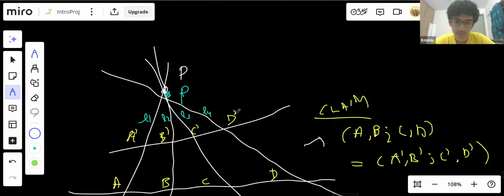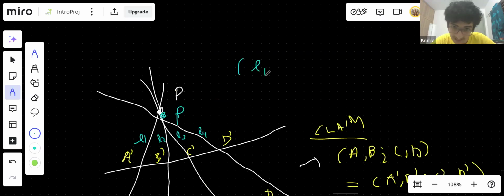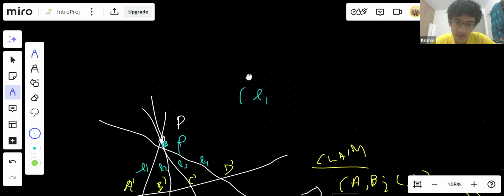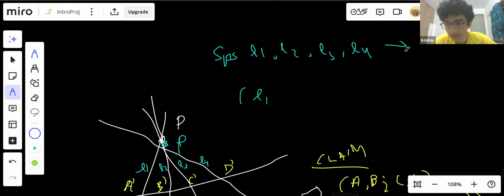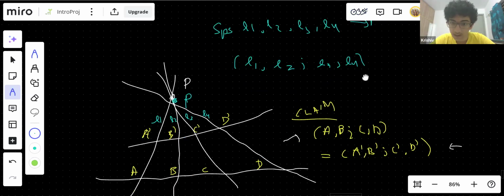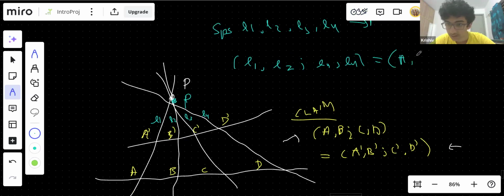And that's what I'll define to be the cross ratio of four lines which intersect at a point. So suppose L1, L2, L3, L4 meet at P. Then I'll define the cross ratio of four lines. Remember, we've only defined cross ratio for four points that are collinear thus far, but I'll now define cross ratio for four lines, and I'll define this to be A, B, C, D for any such line.